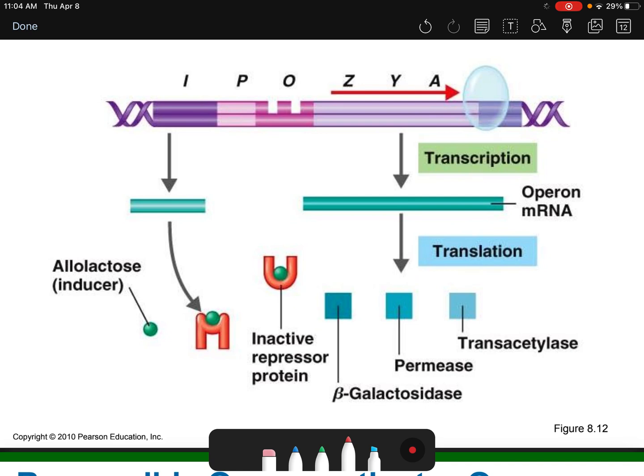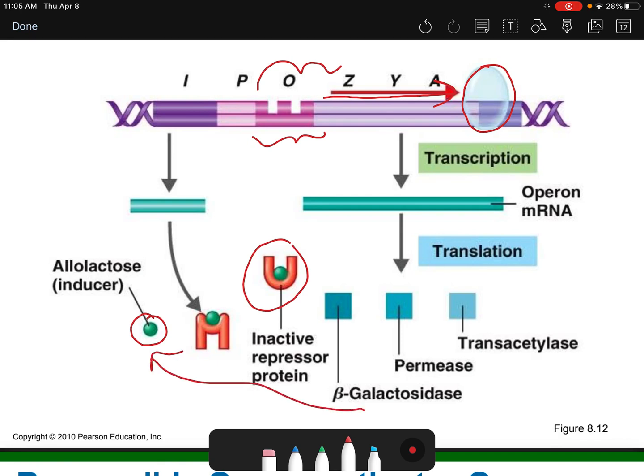As soon as you have lactose present, which is symbolized by this little green symbol here, it's going to change the shape of this repressor protein and remove it from this operator region here. Well, now there's nothing binding to it in this region, so look, the RNA polymerase was able to travel down and transcribe the Z, Y, and A genes, and those genes are translated during translation into these different proteins, and these different proteins are then going to be able to break down the lactose.